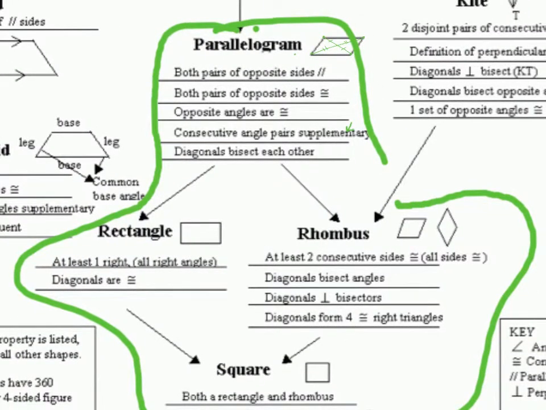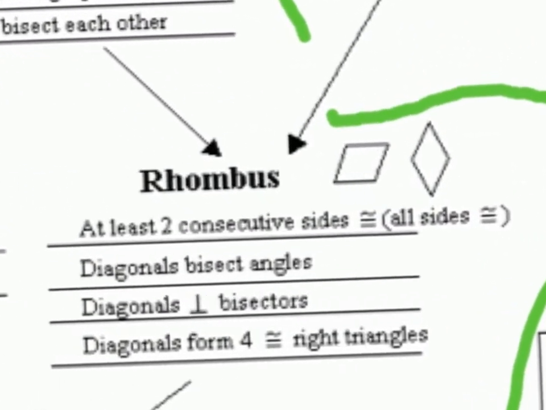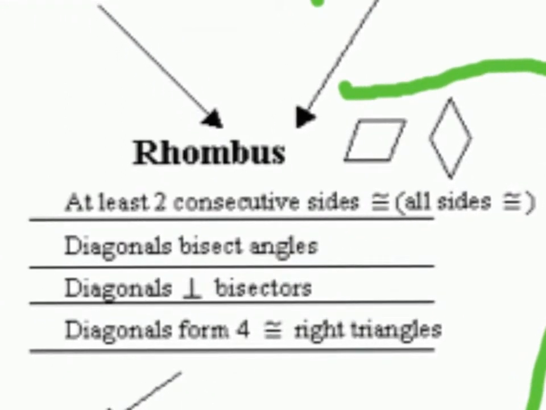Let's go down now to the rhombus. A rhombus is a parallelogram, so it has all of the properties listed above. But the special thing about a rhombus is that all the sides are congruent. Still, the opposite sides are parallel, so it has the same properties as a parallelogram. The diagonals get a little bit more specific.